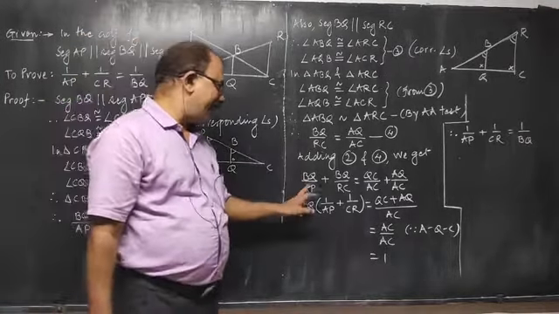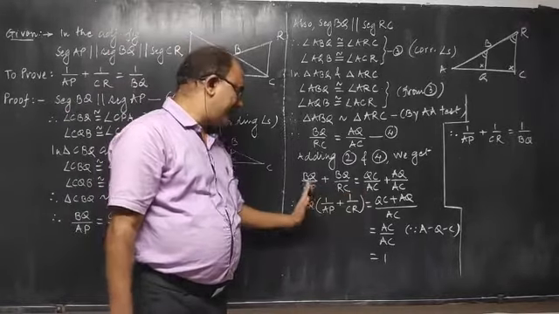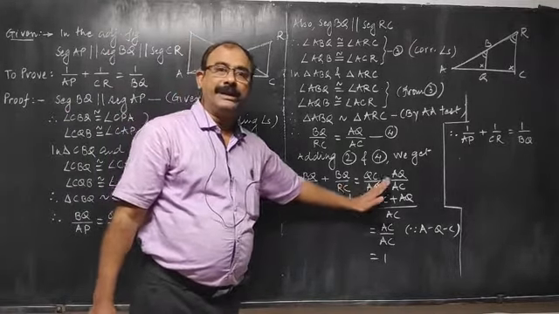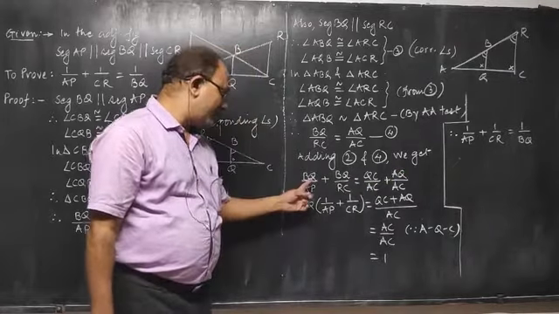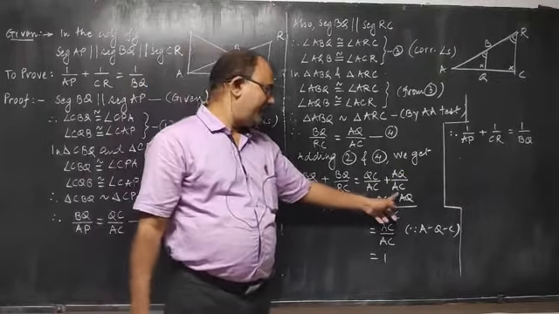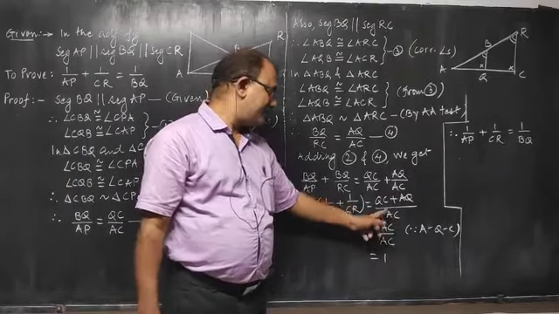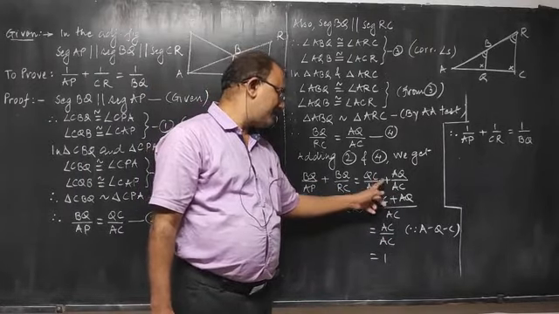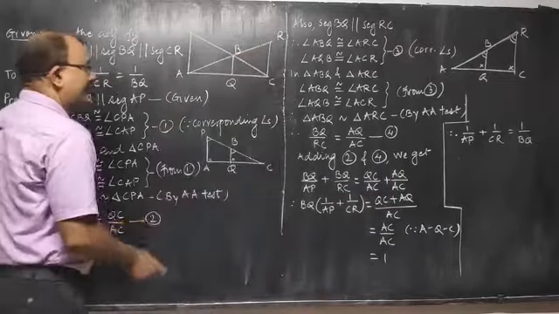So after adding the two ratios, because I have added the left hand sides, I have to add the right hand sides also. What I observe, I can take BQ common, which I did. Here the denominators are same, AC, so numerators will be added. So QC plus AQ, let us observe.